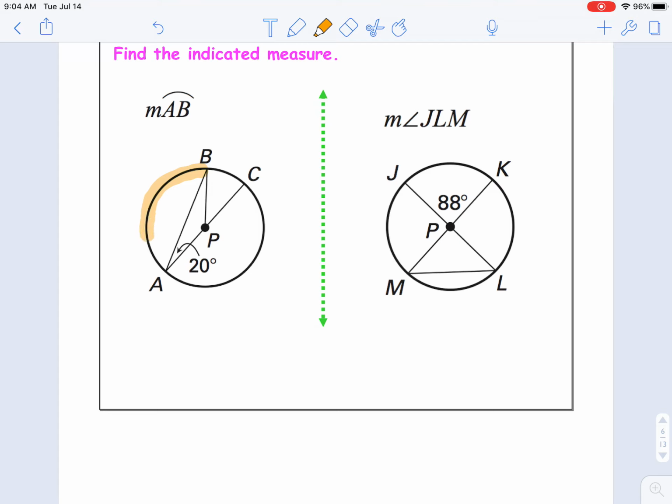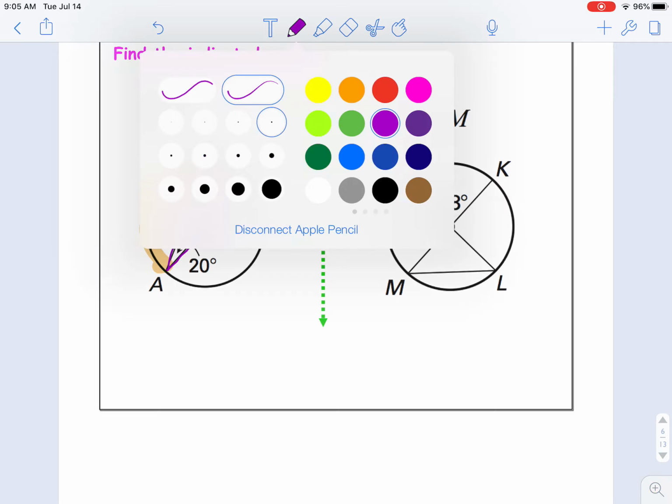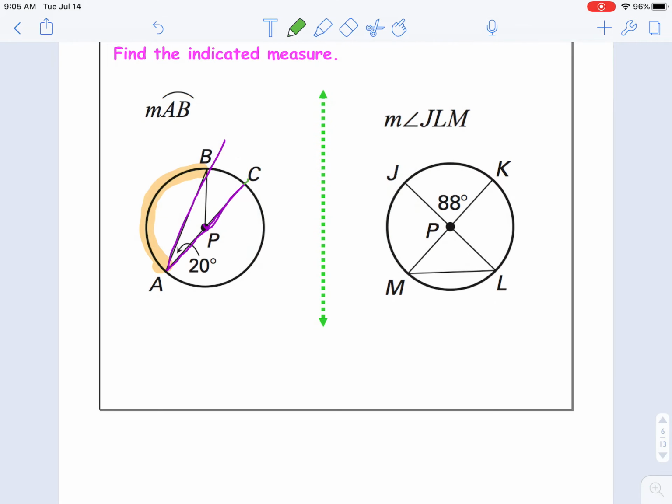So now it says find the indicated measure. We want to find the measure of arc AB. So we want to find the measure of this arc right here. Well, what do we know? We know that this is a 20-degree angle right here. And we also can see that this right here is a diameter.